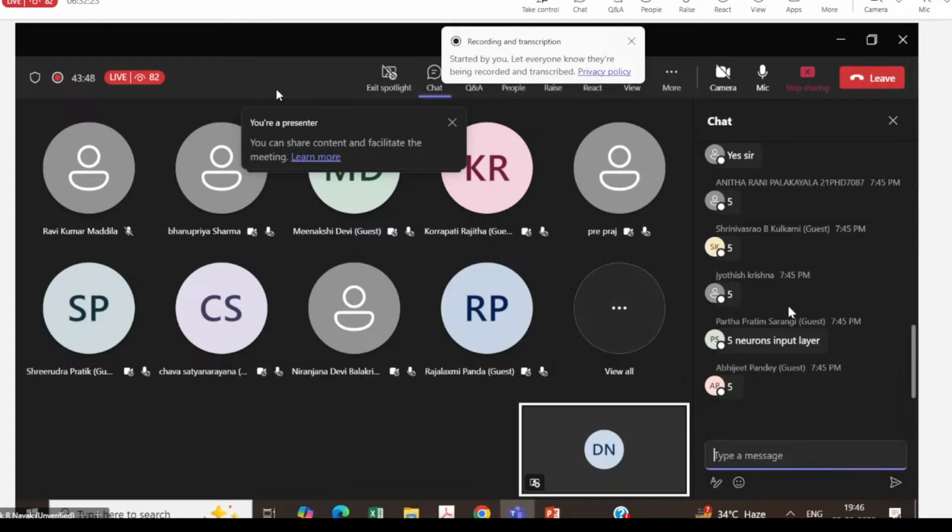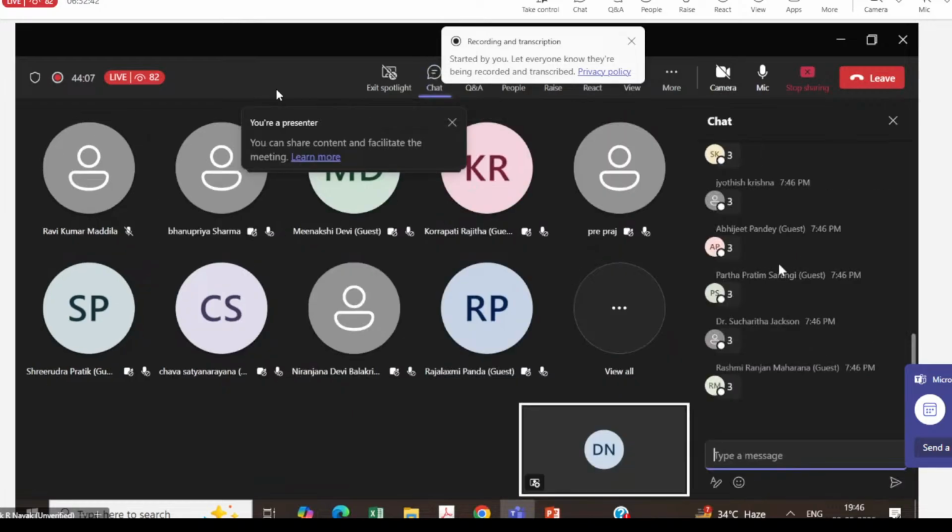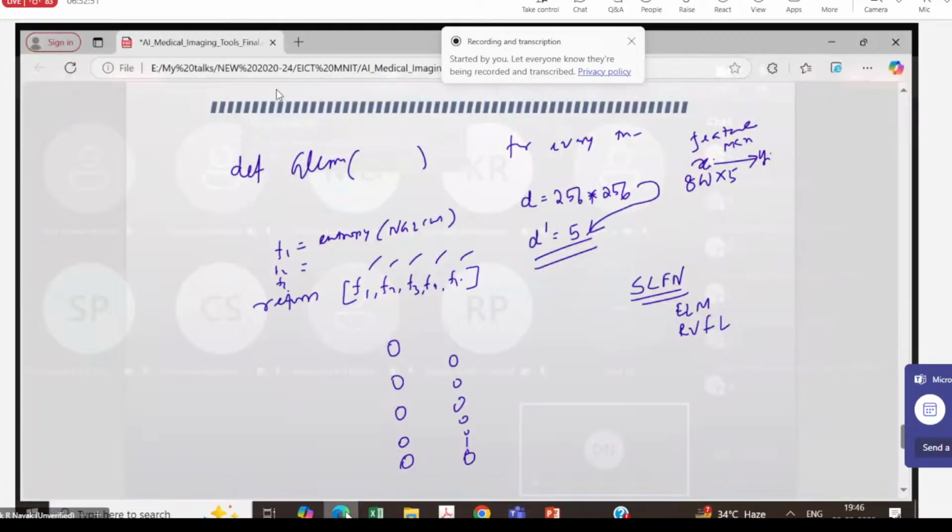Because I'm going to solve a 3-class classification problem, how many neurons should be there in the classification layer? Absolutely correct. It is 3.